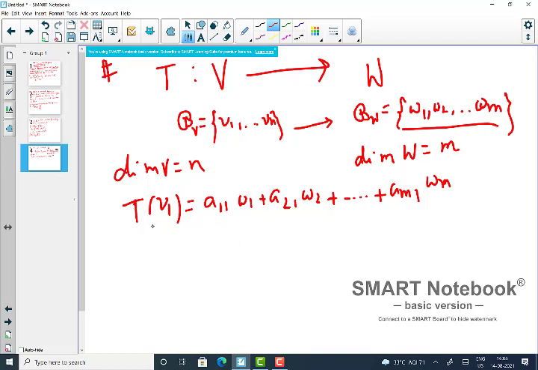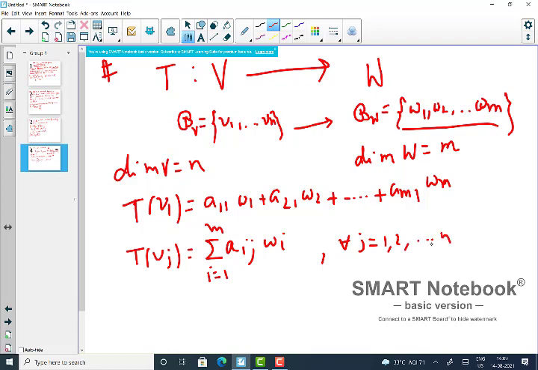Similarly, in general, you can write any vector T vj as the summation of aij wi, with i from 1 to m, and you can define this for all j from 1 to n.